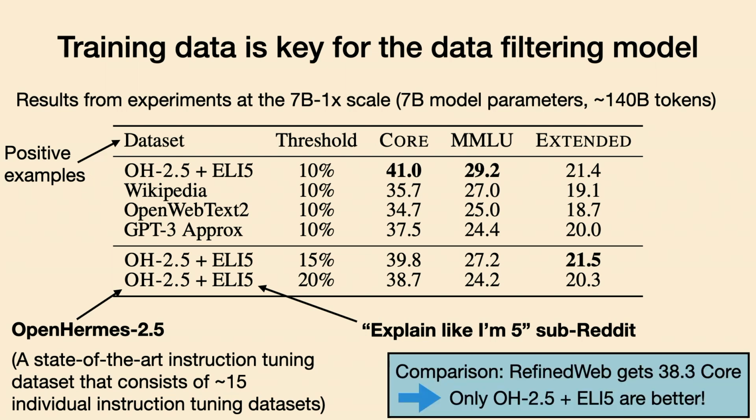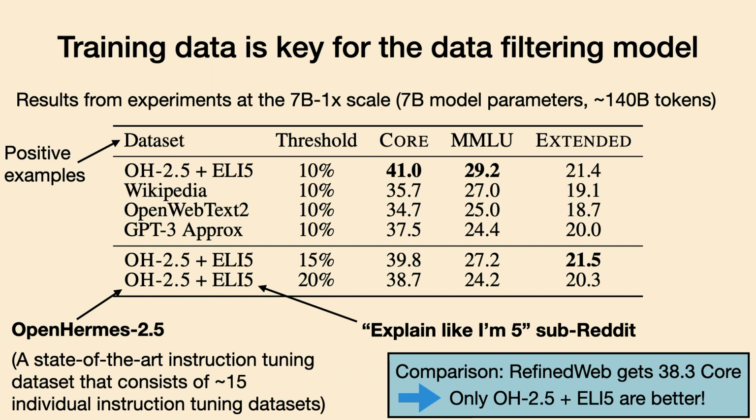And so again, just to put this in context, doing RefinedWeb, so no model-based filtering at all, gets 38.3 on core at the 7B scale. So all of the prior data filtering methods actually did worse than not using a model-based filter at all. Here, our thing is the first one in model-based filtering where the trained classifier actually does better than not using a trained classifier at all.